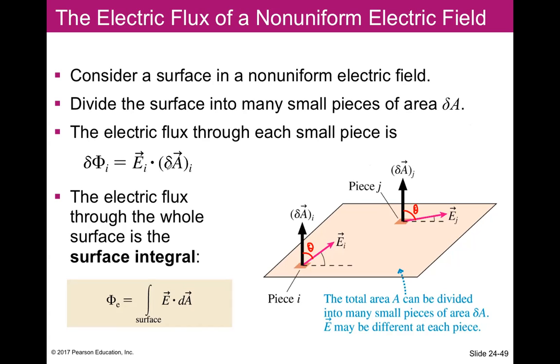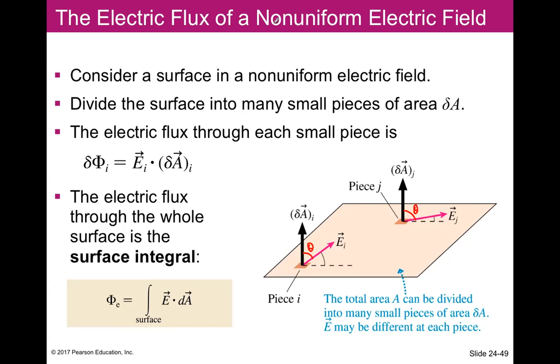If you cut it into very small pieces, then what does it mean? It means you're not doing a sum. If it's infinitely small pieces, then what you're doing is an integral, right? So this is the integral.